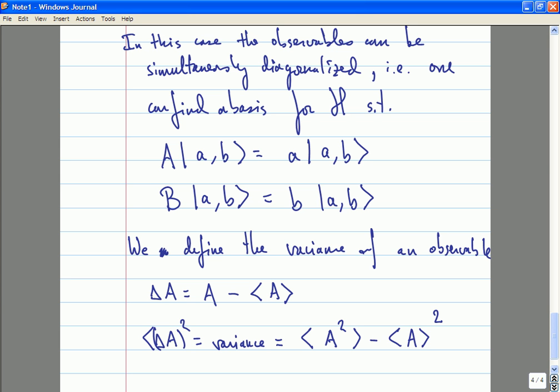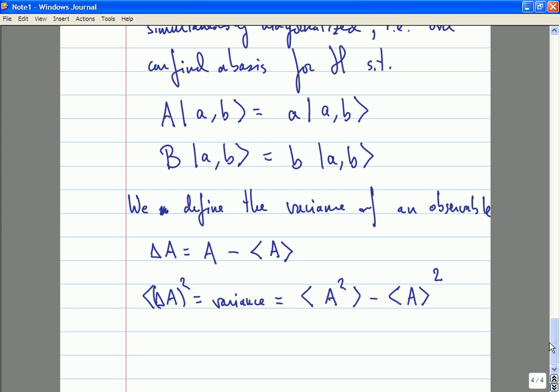So, for example, you should convince yourself that if you're in a state where A has a definite value, then its variance is equal to 0. Okay, so let's all be quiet for a second and contemplate that fact. If you're in a state where A has a definite value, then the variance of A is equal to 0. That's practically the definition of variance.